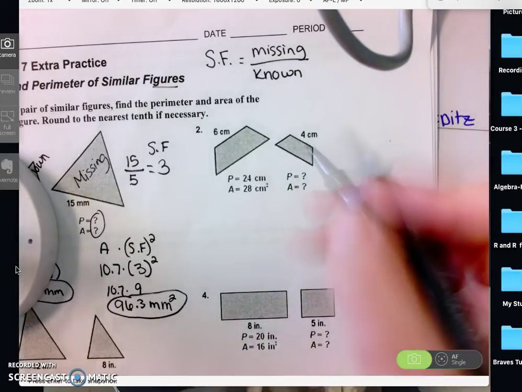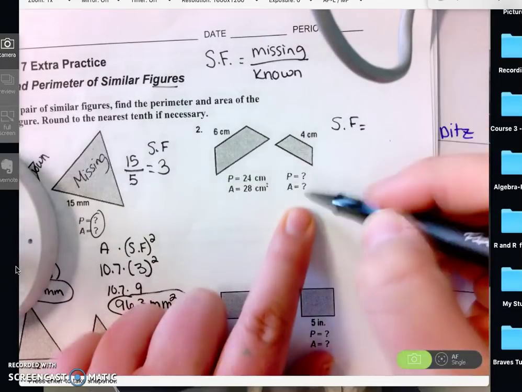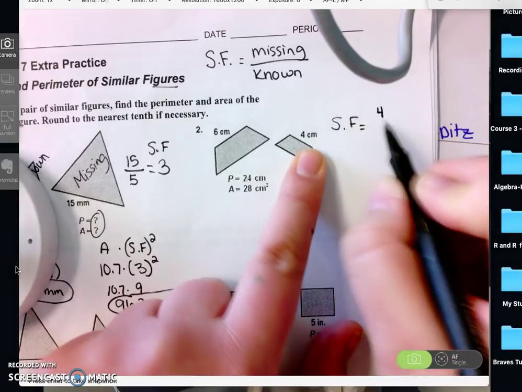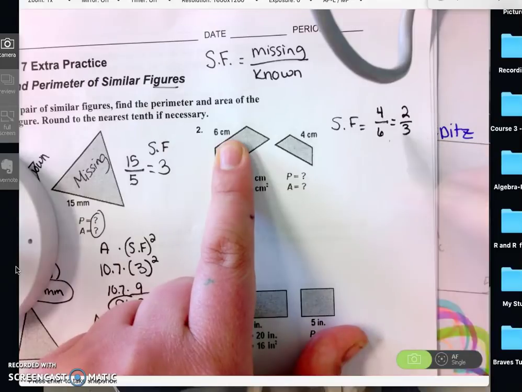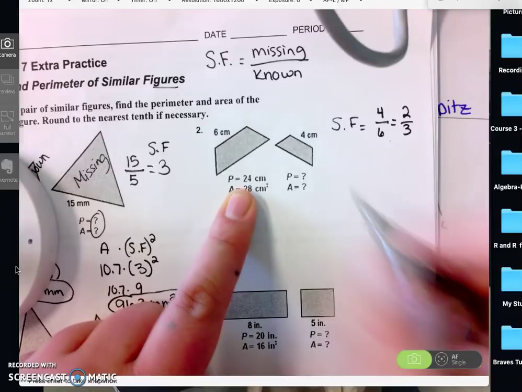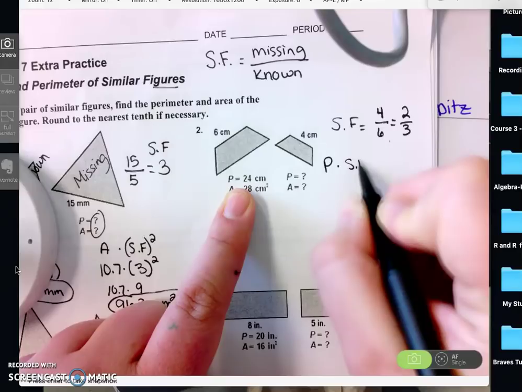Next one, scale factor. Missing, so this is our missing shape. This is our question mark, so we're going to take our missing side length over 6, which can reduce down to 2 over 3. And then to find the perimeter, we're going to multiply by the scale factor.